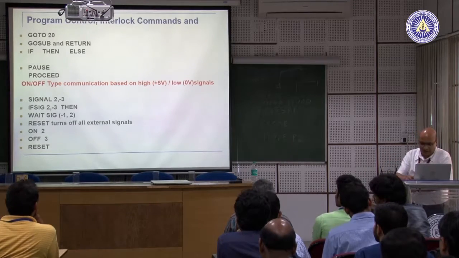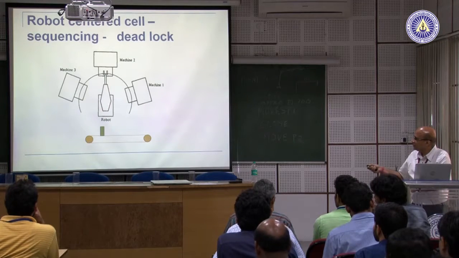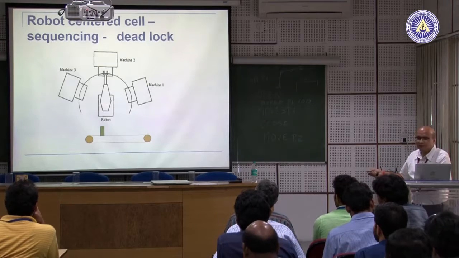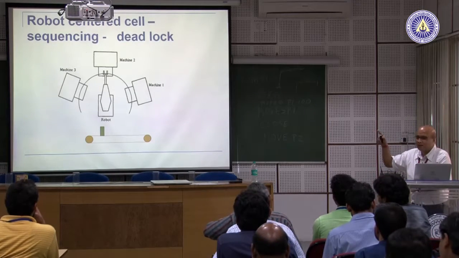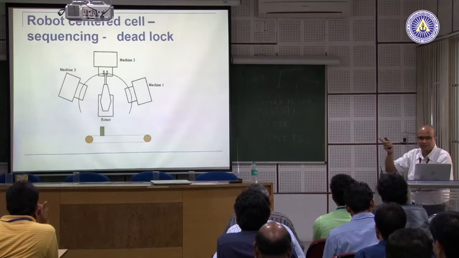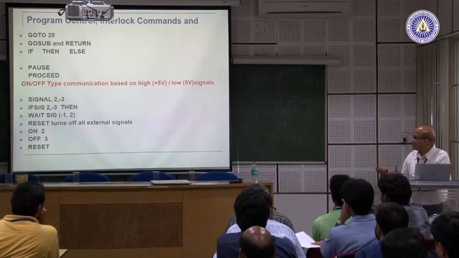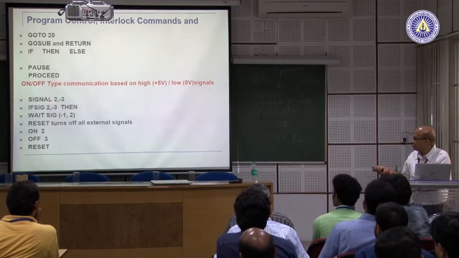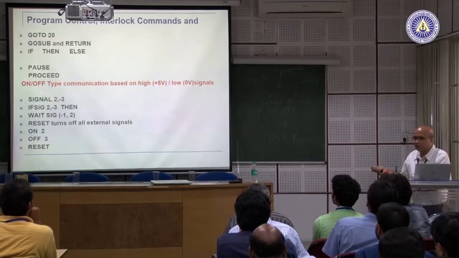So, in this kind of setup, one channel from here will be connected to this, some channel for this fellow will be connected to that, again some channel will be connected here. Those channels will be having channel numbers 1 2 3 4 5 6, and each of the channel can be low or it can be high, okay, at the lowest level. So, in this condition, for example, if we say signal 2 3, then if a part has come, then your signal 2 will become high.